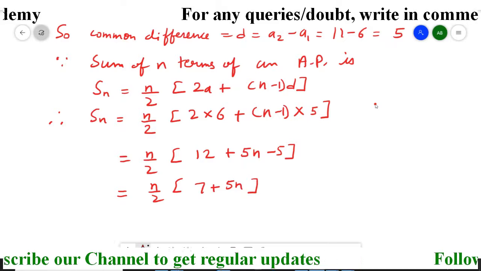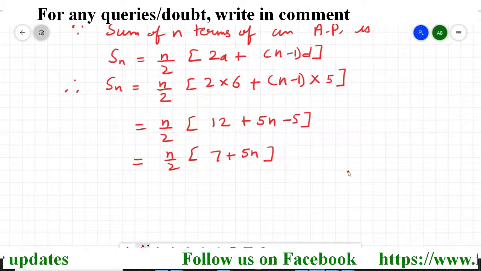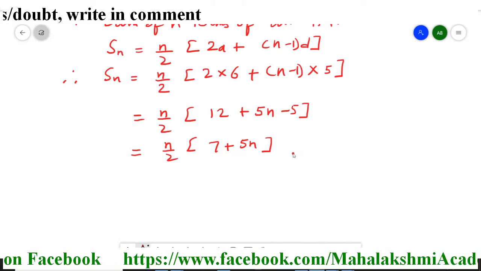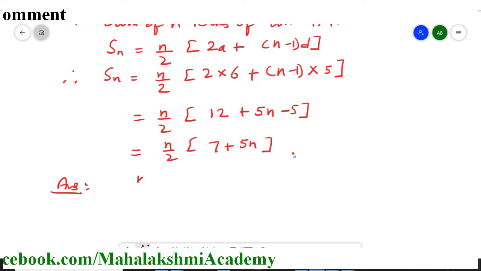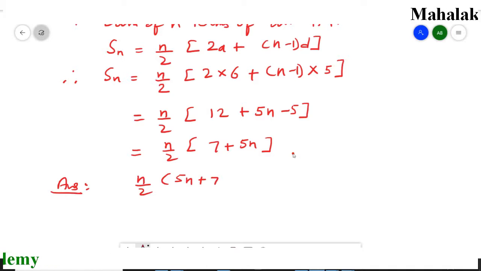Further we cannot solve it, so it's our final answer. So the sum of n terms of an AP is n upon 2 bracket 7 plus 5n. So in the answer we will write: n upon 2 bracket 5n plus 7.